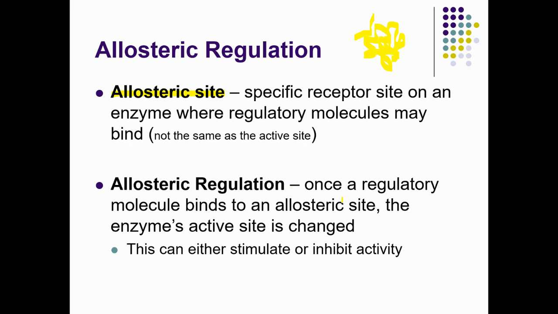And normally either something called an activator will bind or something called an inhibitor will bind. And so essentially the enzymes are going to have these regulatory molecules that determine whether they are active or inactive, okay? Essentially the active site is going to be available or unavailable.